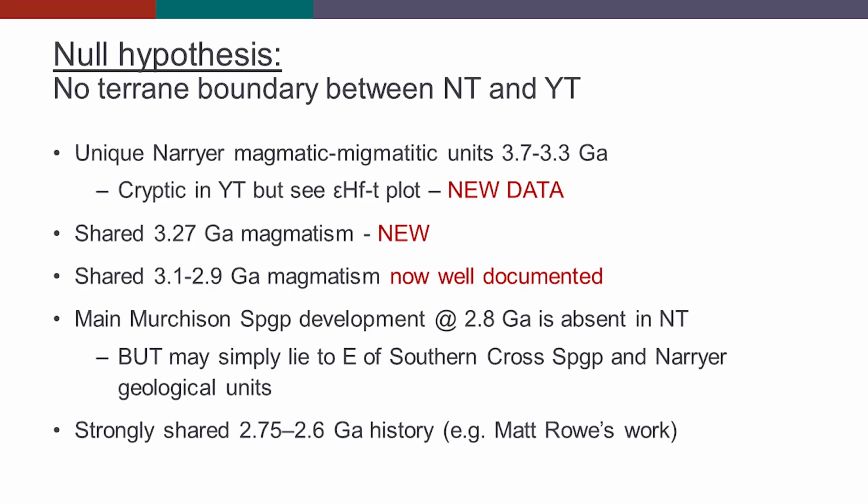The main development of this 2.8 Ga Murchison supergroup is absent in the Narrier terrane, but simply may lie to the east. It may have been literally just this zone of rifting and minor subduction-related events at around 2.8 Ga. But then you have this very strongly shared history post 2.75.